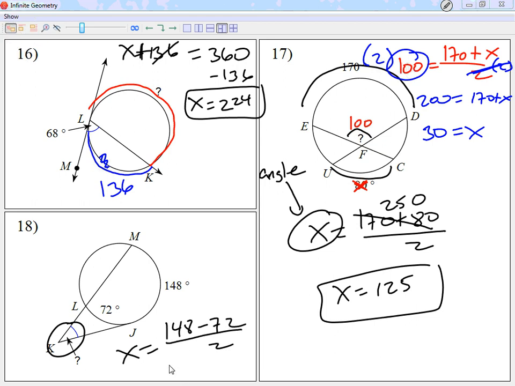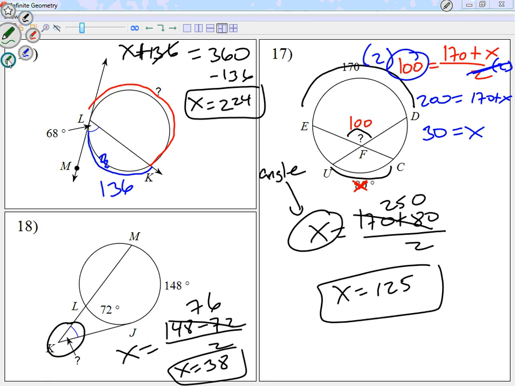The whole fraction is numerical, so I can work it out. 148 minus 72 is 76. 76 over 2 is 38. So x equals 38. So question 16, multiply the angle times 2 and you get the arc. 17, you add the arcs. 18, you subtract the arcs.